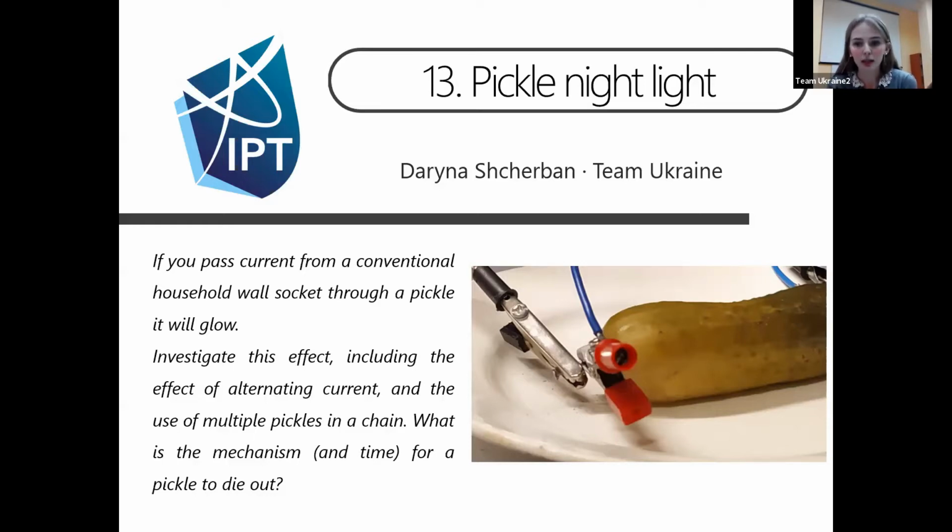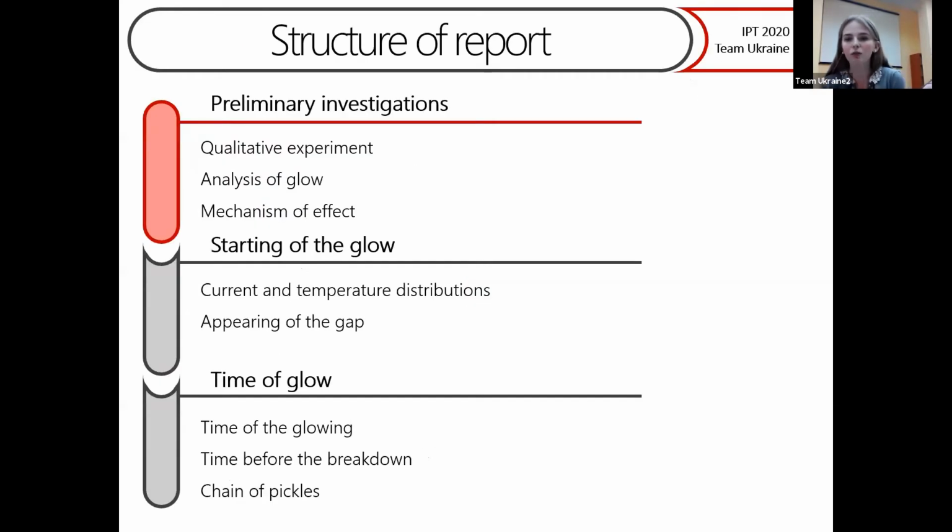And for the study of this effect, we will demonstrate a qualitative experiment and analyze the spectrum of this glow, after which we can formulate the mechanism of the appearance of the glow.